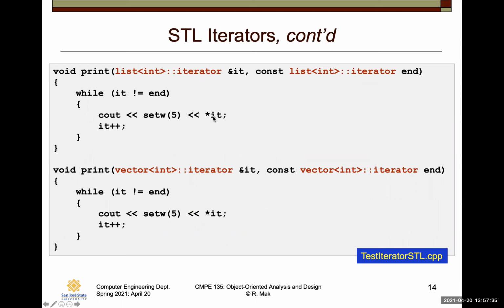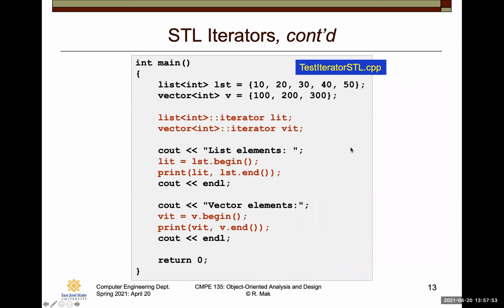We dereference it to print out that element. We increment the iterator to point to the next element. And we keep doing this until the iterator is equal to end, which we had passed as the end of the list.